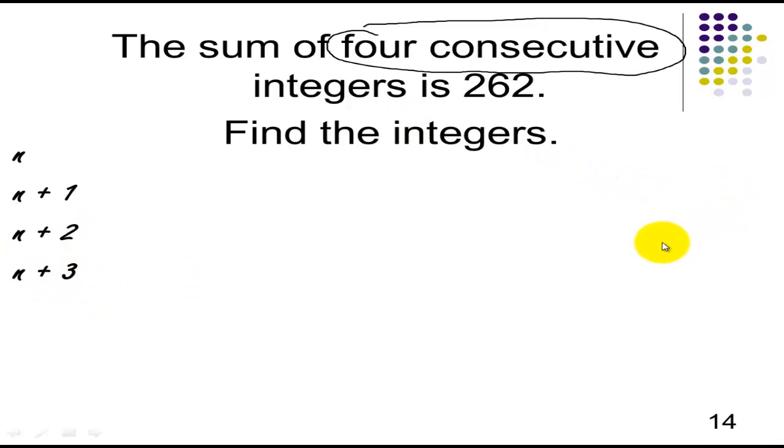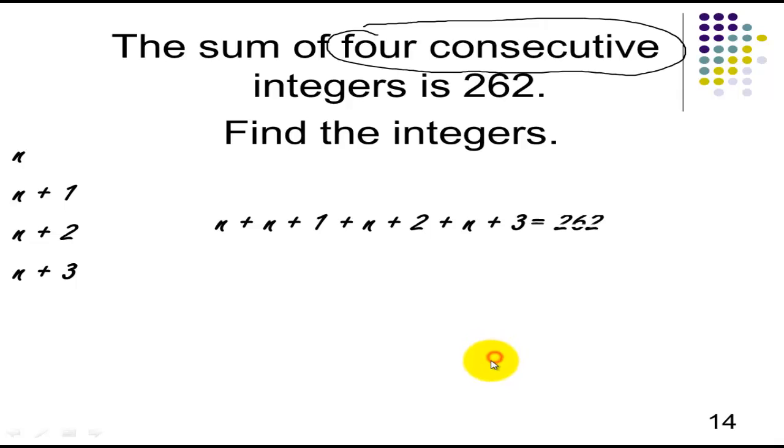It says here the sum is equal to 262. So you just have to add each of these expressions. n plus n plus 1 plus n plus 2 plus n plus 3 should be equal to 262. Go ahead and solve this equation.